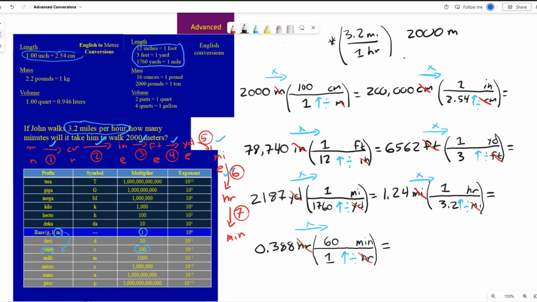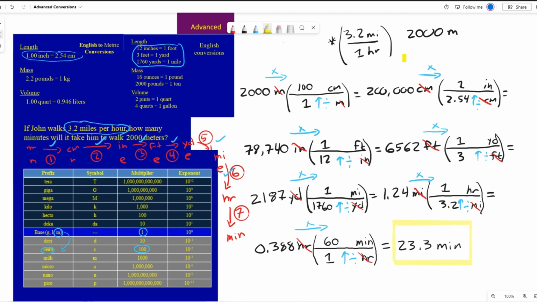And when we take 0.388 hours times 60 and then divide it by 1, we get 23.3 minutes. So it will take him 23.3 minutes to travel 2,000 meters.